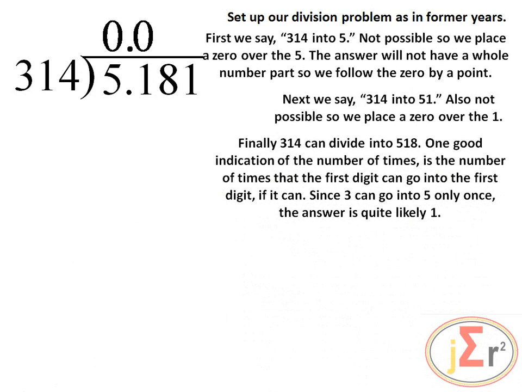One good indication of the number of times is the number of times that the first digit can go into the first digit. So this is the first digit, 3. How many times does it go into 5? 1. Right, that is a good indication. So 3 into 5 is 1, so 1 is what we will use.